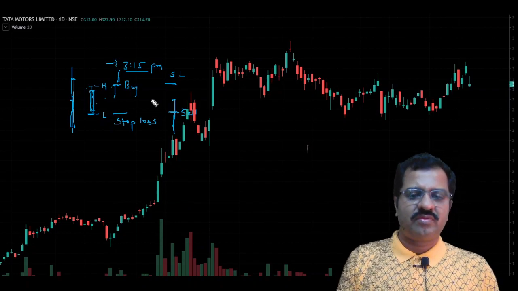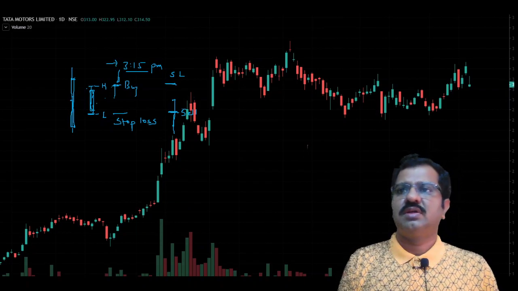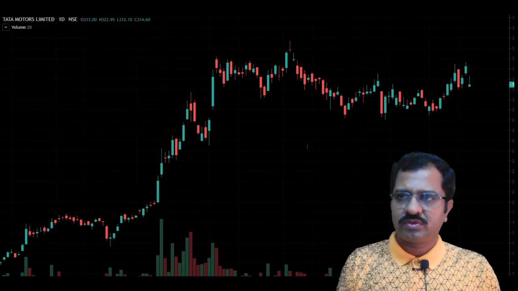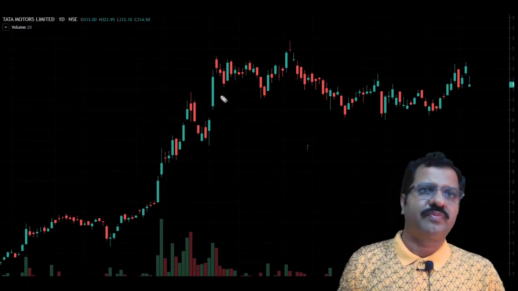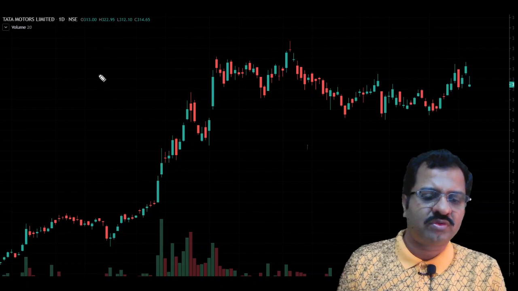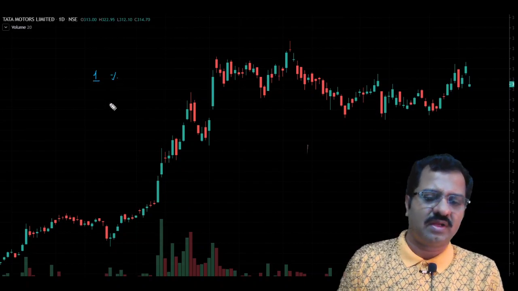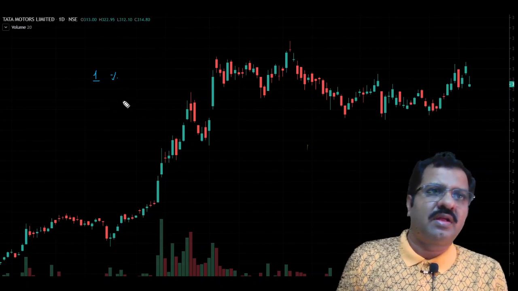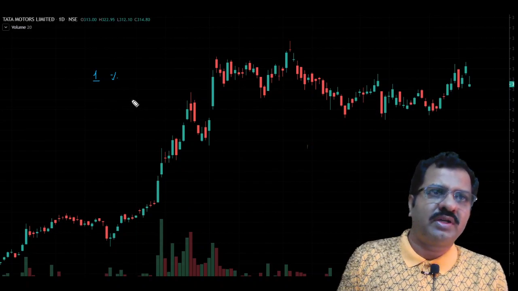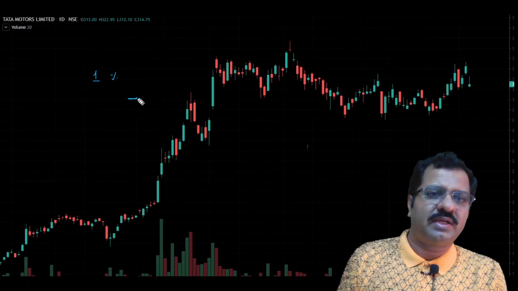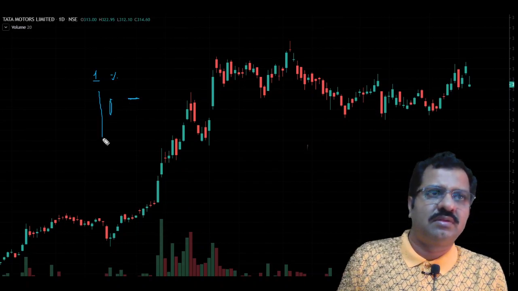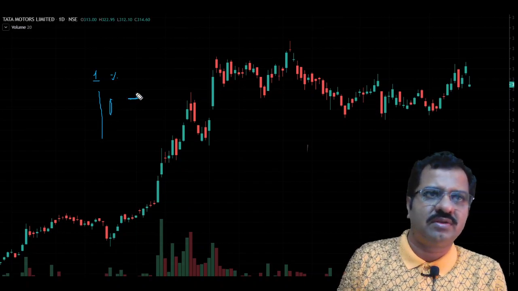The next rule for this system is you should not lose more than 1% of your capital in any trade. At the point you are buying, this is the high of the previous candle, you are buying here, and this is your stop loss.